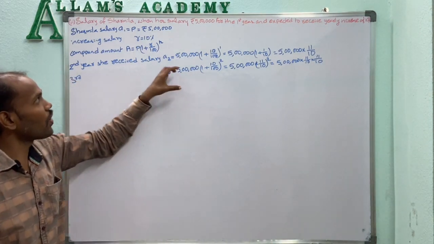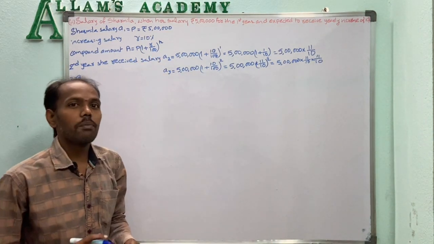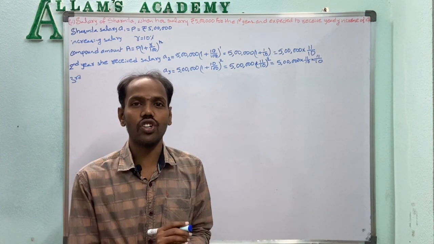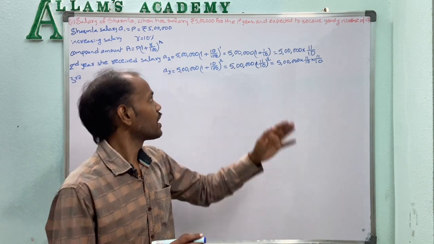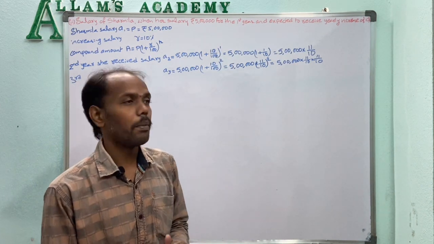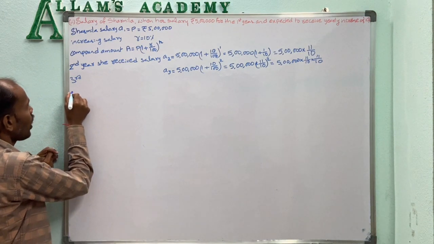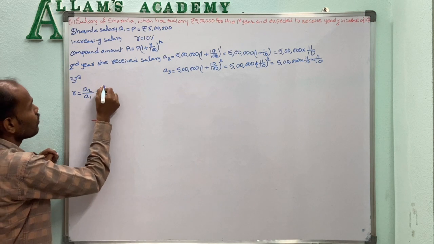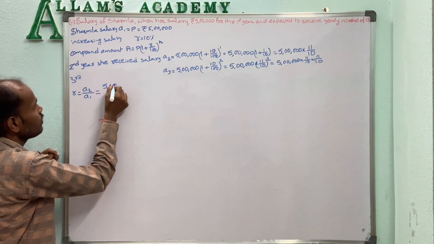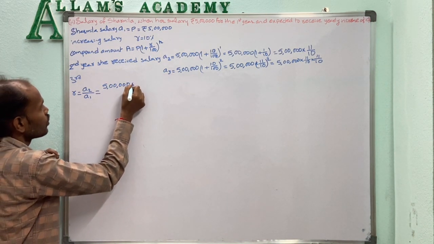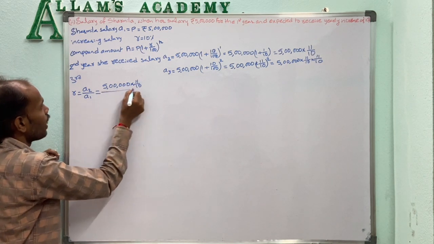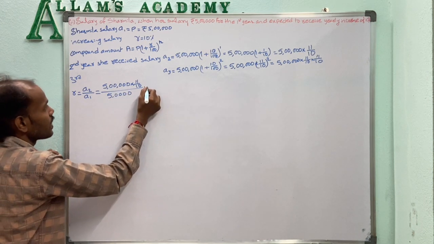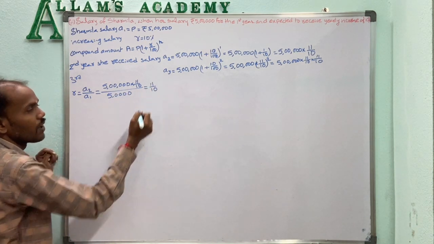Now to check whether this information is in GP or not, we have to find the common ratio. If the common ratio is the same, then the given information is in geometric progression. So the common ratio R is equal to A2 by A1, that is 5 lakhs into 11 by 10 by 5 lakhs. So 5 lakhs gets cancelled, that means we get 11 by 10.